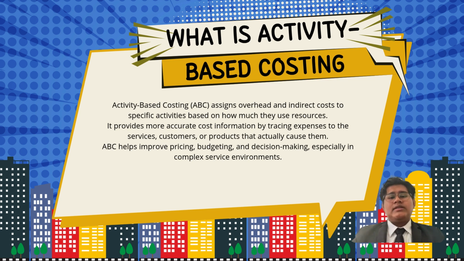Each activity is then analyzed to determine how much it truly consumes in terms of resources like staff time, equipment usage, or administrative support. These activity costs are then linked to the services, products, or customers that require them.